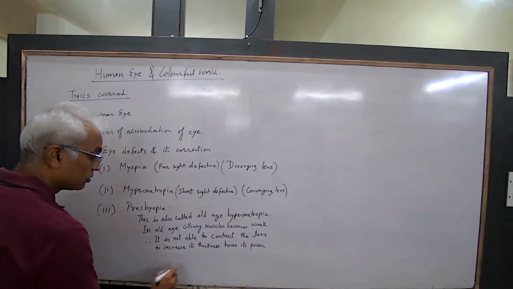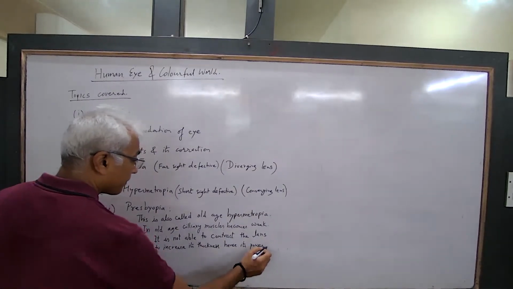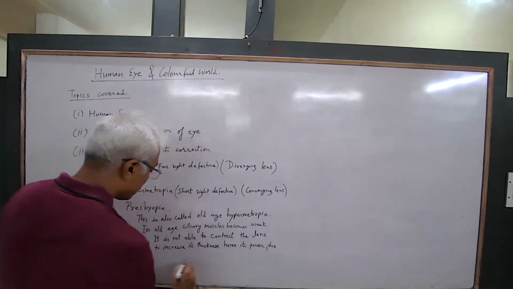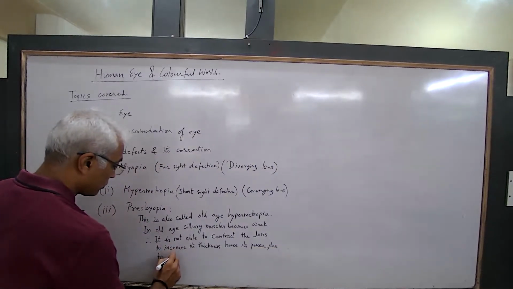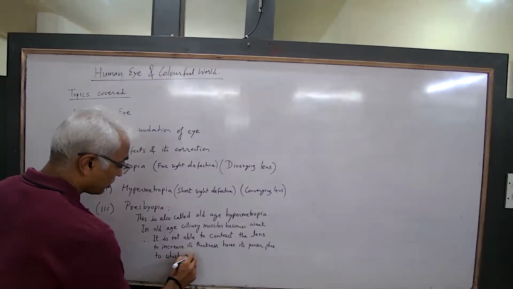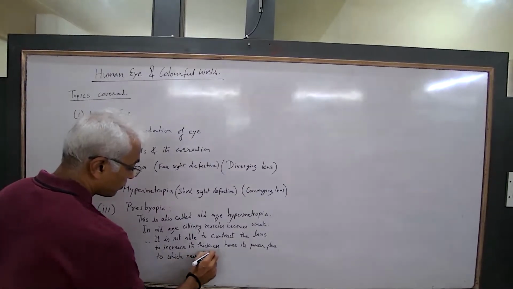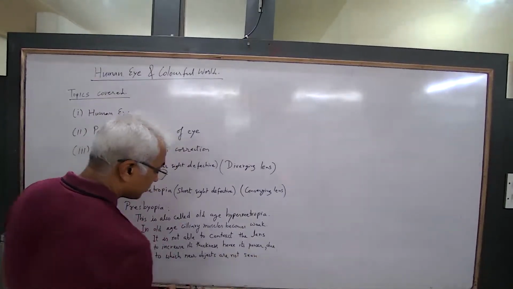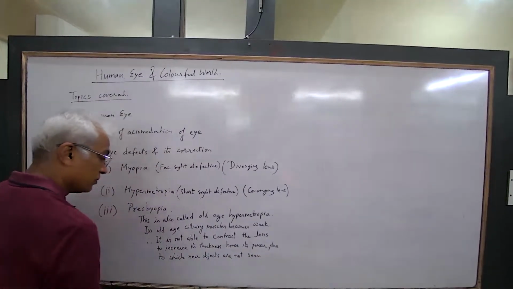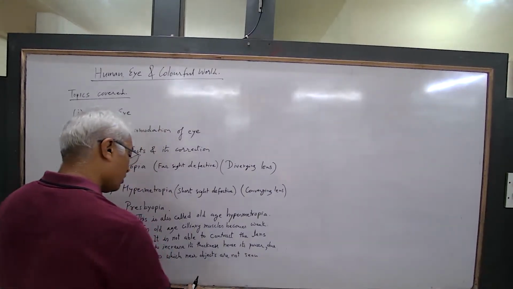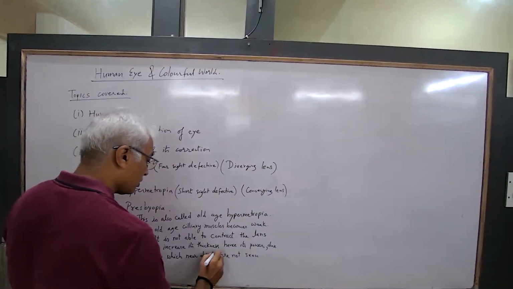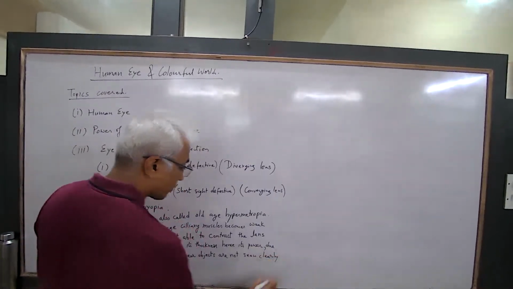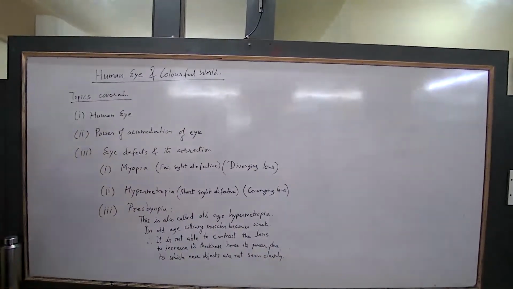Therefore, near objects are not seen clearly here, because the image will form behind the retina.